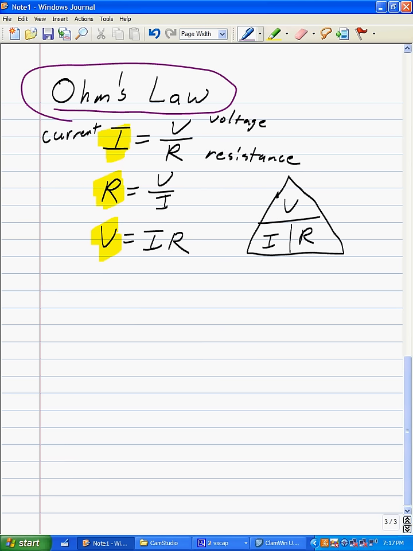The resistance of your skin is about 100,000 ohms. So it takes quite a bit to get electricity to move through your body, at least through your skin. Things like salt water have very low resistance. And then there are, of course, a lot of other objects. We can get into a lot of detail on this, but just to give you a rough idea of some of the things that we're looking at as far as resistance.